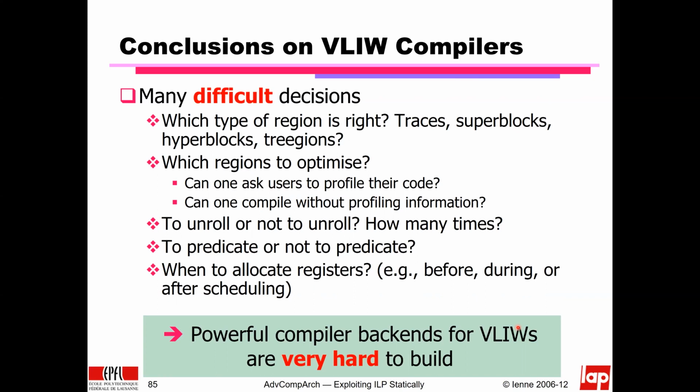So building compilers for VLIW is intrinsically a very hard job. People have been trying for a long time to prove that you can do it. You can in most cases, or at least in some important cases, but it's very hard to build.